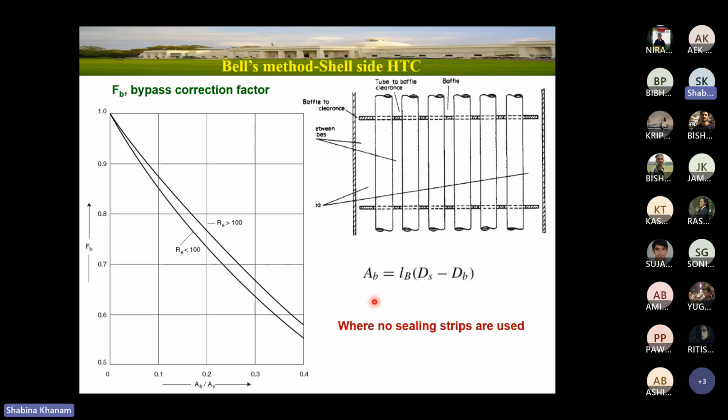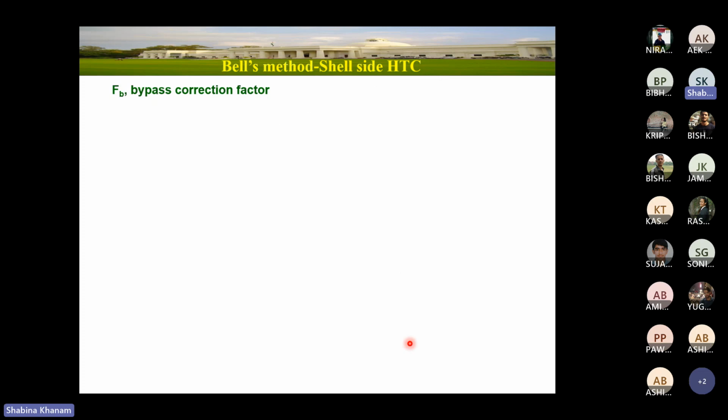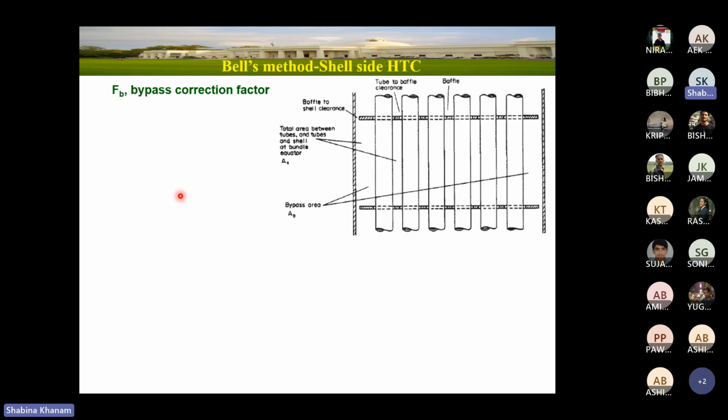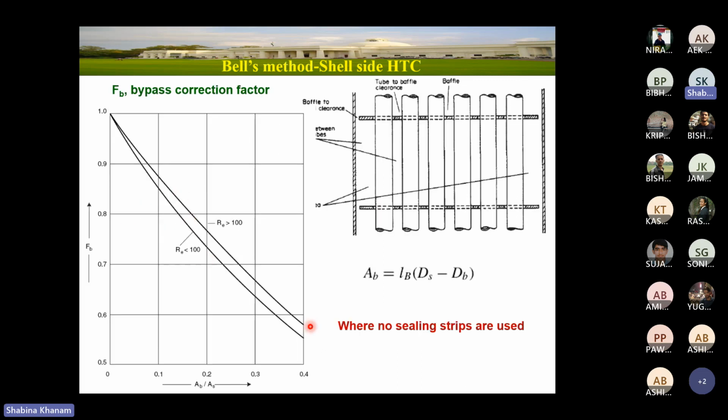If sealing strips are required, we will use this expression, and if they are not required, we will use this graph to see the value of FB.